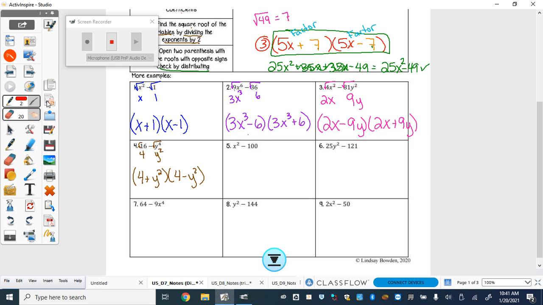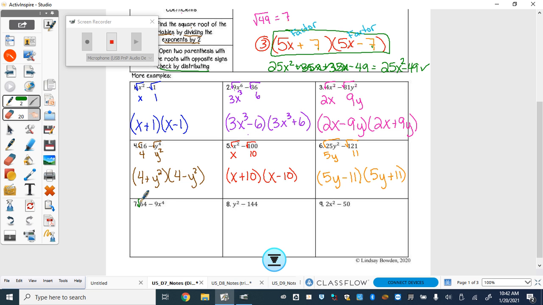Number 5, same thing. We get x and 10 because we divide exponents by 2. Square root of 100 is 10, so we get x plus 10, x minus 10. Same thing with that next one. So this is going to be 5y and 11. 5y minus 11, 5y plus 11.